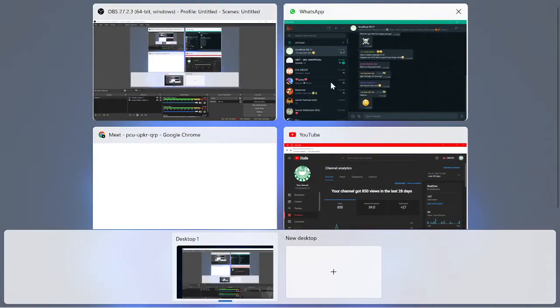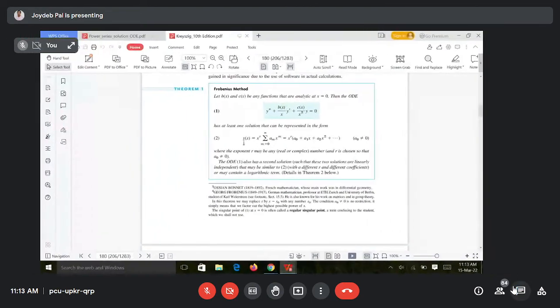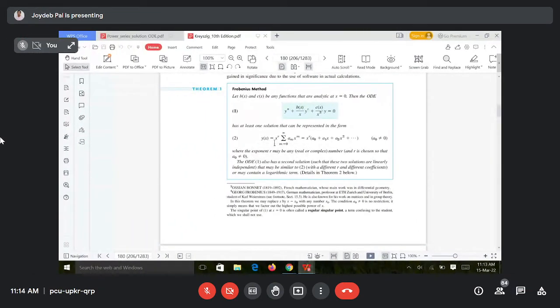It is a regular singular point, then we can apply Frobenius method. Now Frobenius method says that you have to take y(x) equal to x to the power r, summation m from 0 to infinity a_m x to the power m, as a power series solution where a naught is not equal to 0.